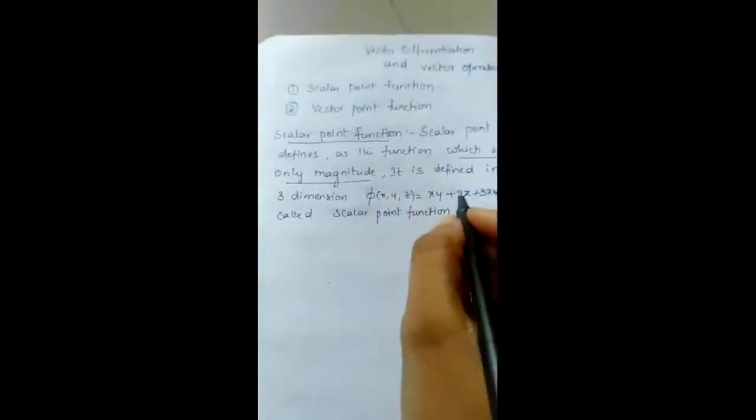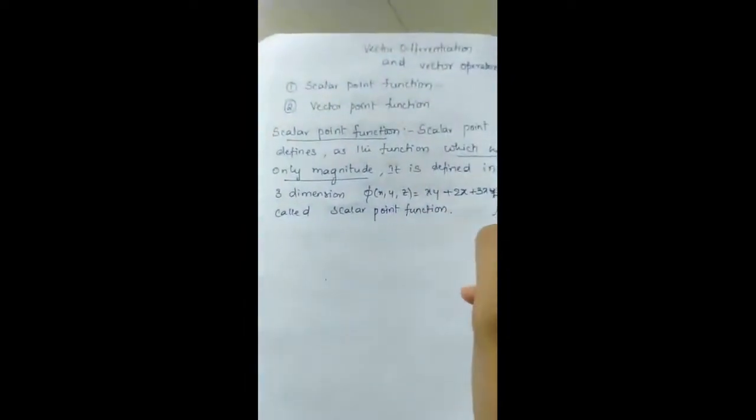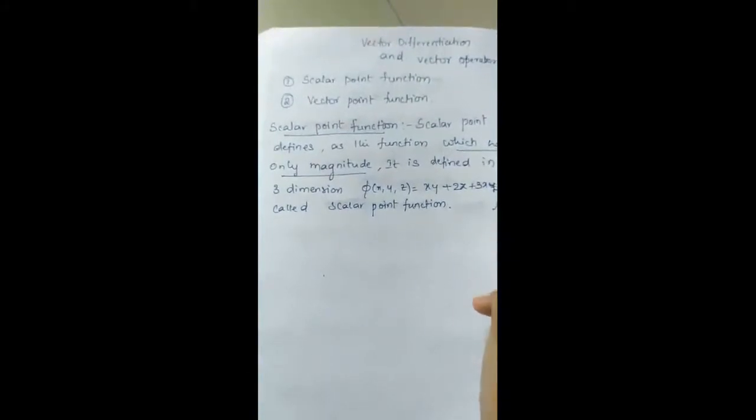It has only magnitude. For the point 1, 2, 3 you take the square root of 1 square plus 2 square plus 3 square, and that is the scalar value you get.